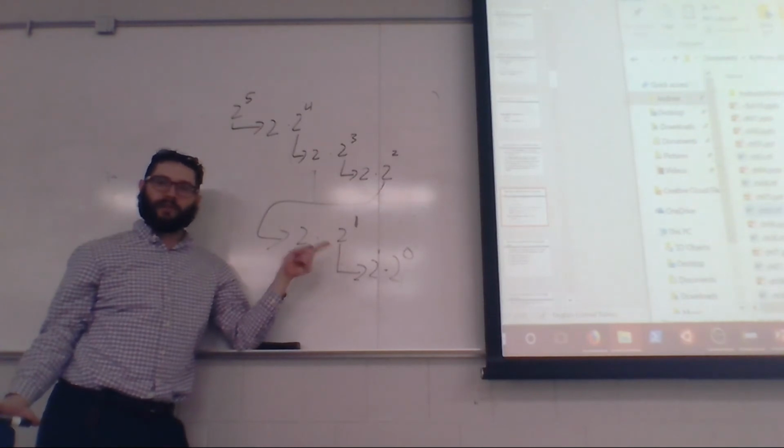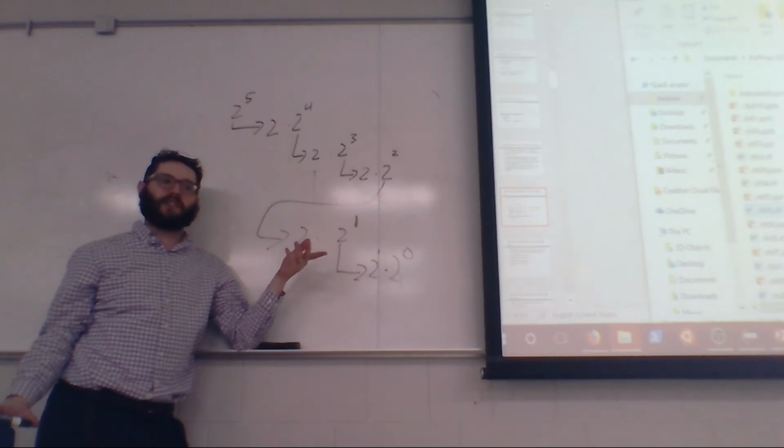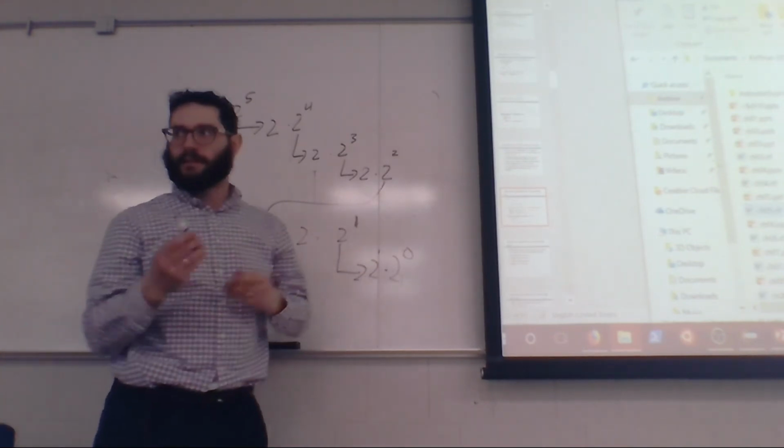Because what is 2 to the 0th power? It's 1. Anything to the 0th power is 1. That's going to be our base case. Okay?